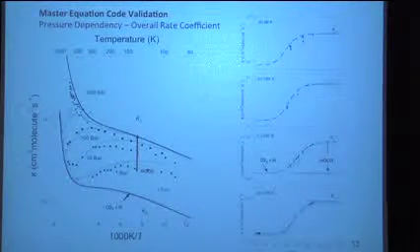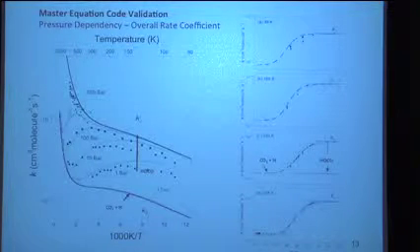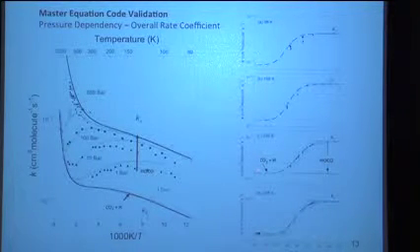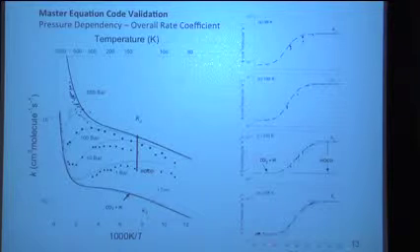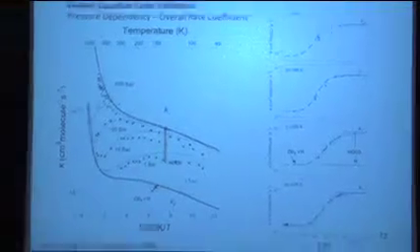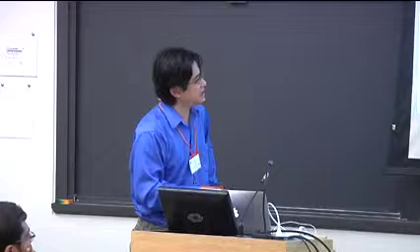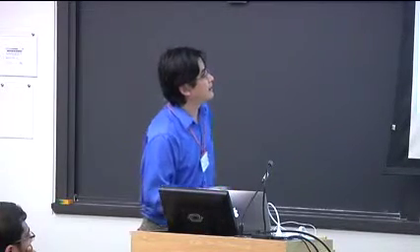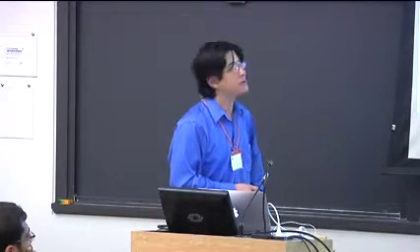It must go out, and one way out is CO2 plus H. However, if you increase the pressure, then stabilization becomes important. So it's the sum of these two rate constants that we're measuring here. The symbols are experimental data and the lines are the Monte Carlo simulation. You can do this across a very wide range of pressure and temperature.